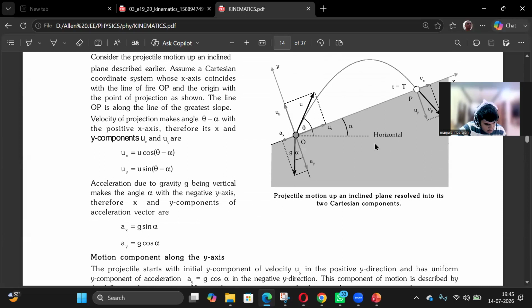He's saying this initial uy is the same as the final vy, but just with the direction changed. So magnitude wise they are the same.